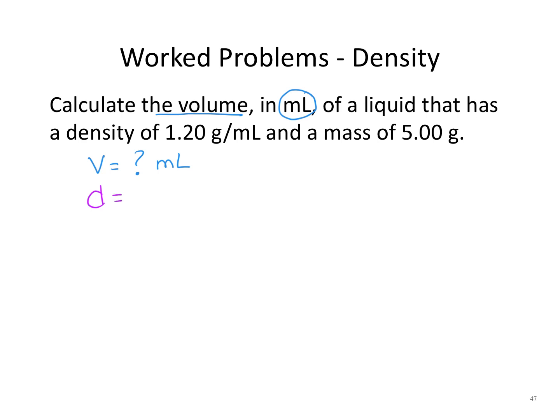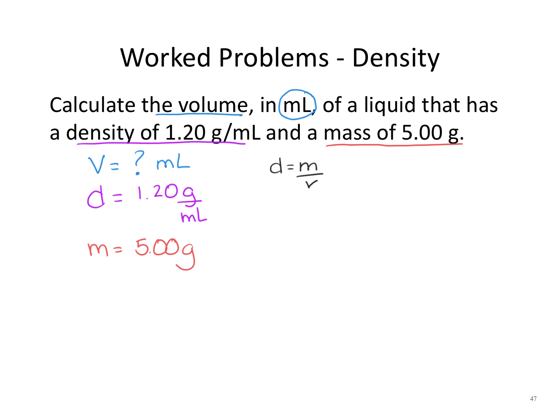So density is important, so I'm going to write it here. And a mass, so there was the density, and a mass of 5 grams. And so that tells me the mass equals 5 grams. And so I know that density equals mass divided by volume.